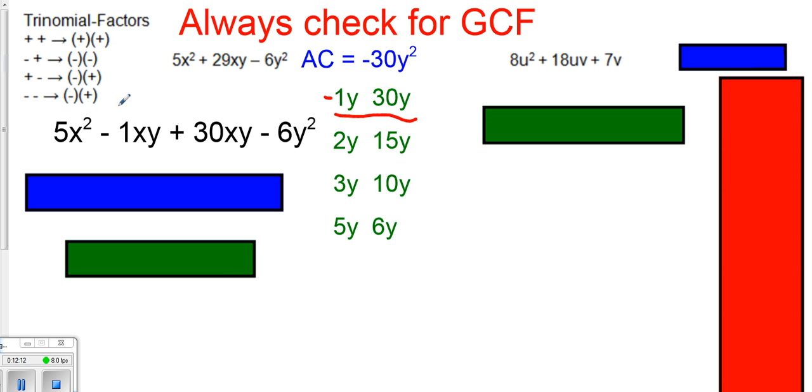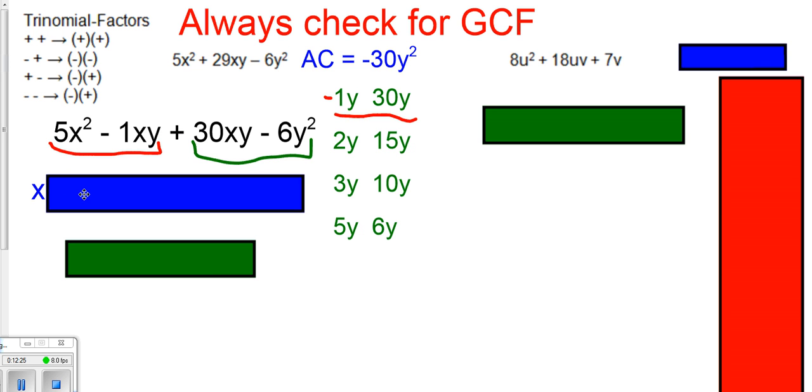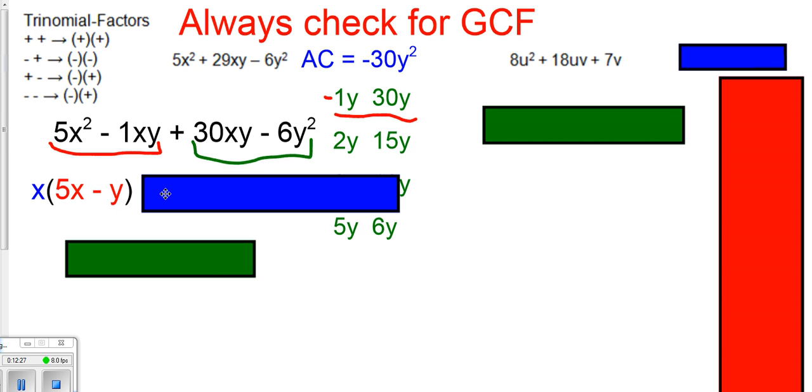Now that we've got it into 4 different pieces, we can split them up and factor by grouping. In our first group, 5x squared minus 1xy, we ask what can we take out of both of those? We can take an x out, and it leaves 5x minus y. In our second group, 30xy minus 6y squared, we ask what can we take out of both of those pieces?